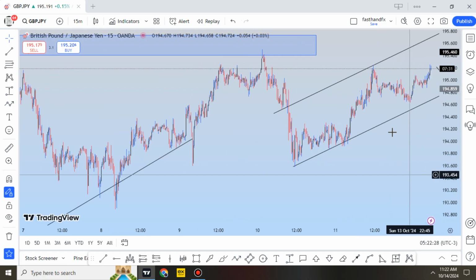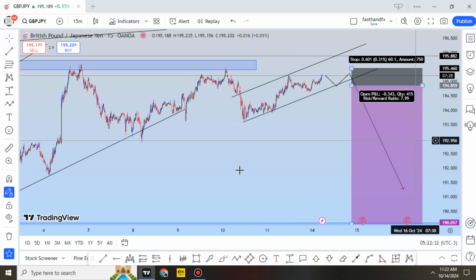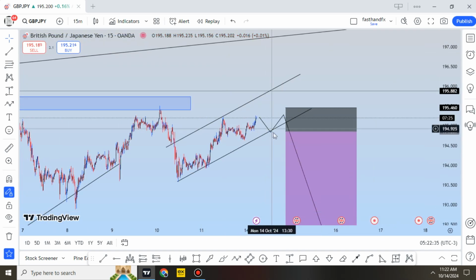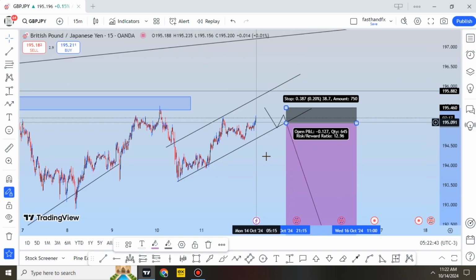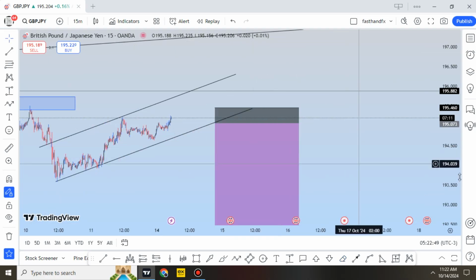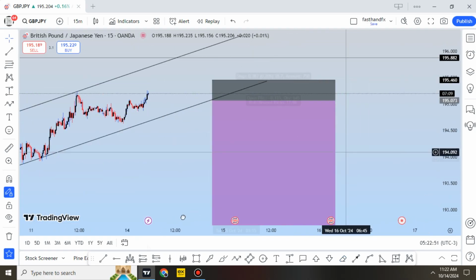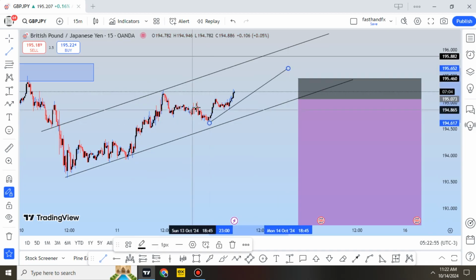So this is what we see: the 15 is still giving me just a continuation pattern. So like I said before, looking for buys is just going to be crazy for me. I'll just wait for the market to give me a good selling opportunity, but at the same time it might let me just do something over here and understand this approach. Correct, I see something. Probably this might be another pattern right here.